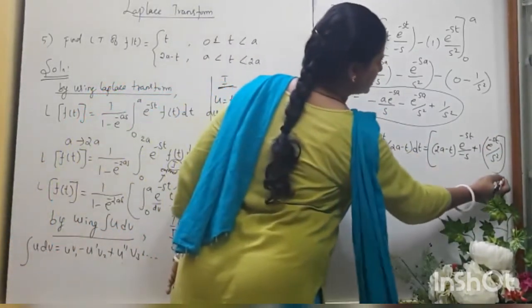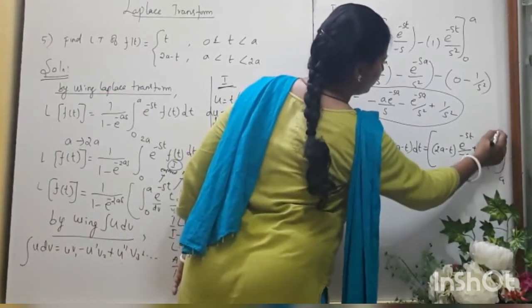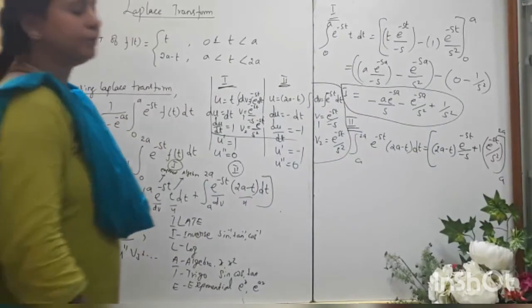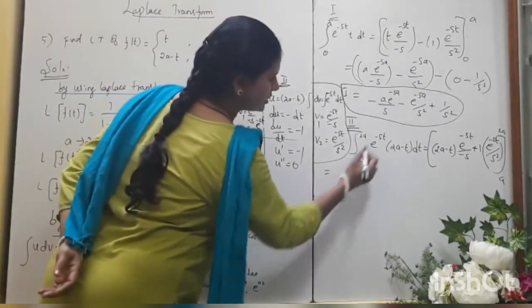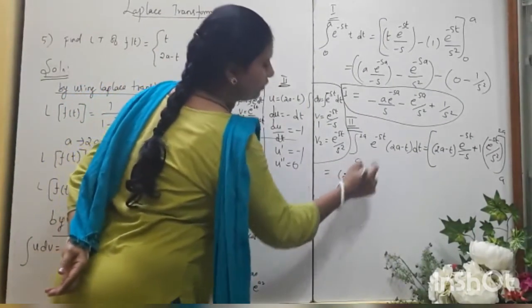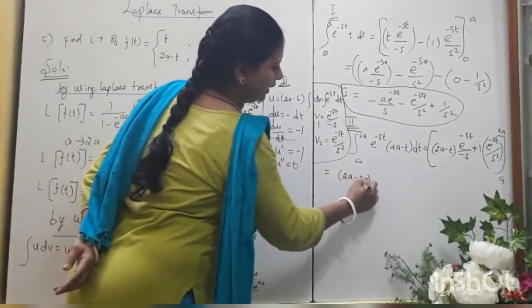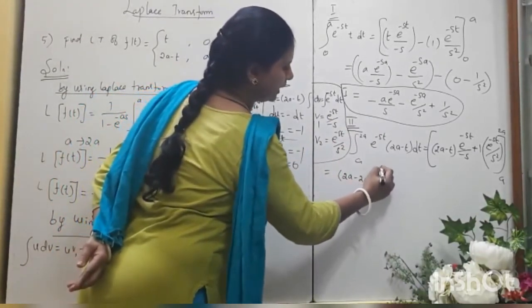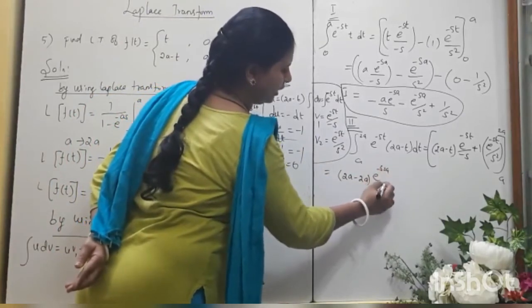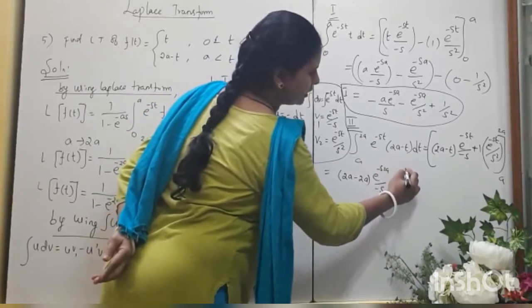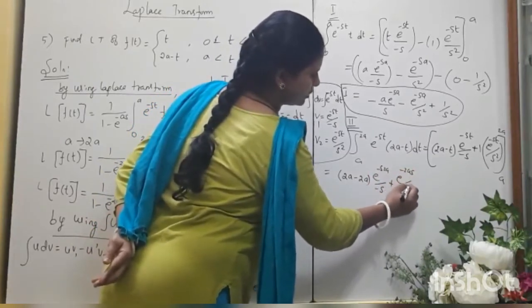Here the limit is a to 2a. First you are applying the upper limit. Upper limit means 2a, instead of t you are applying 2a: 2a e power minus s 2a by minus s plus e power minus 2as by s square.